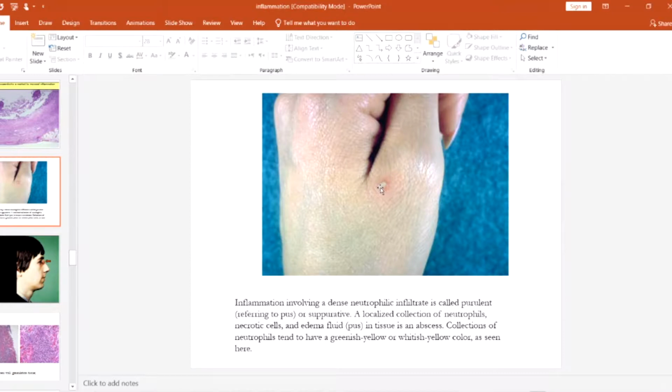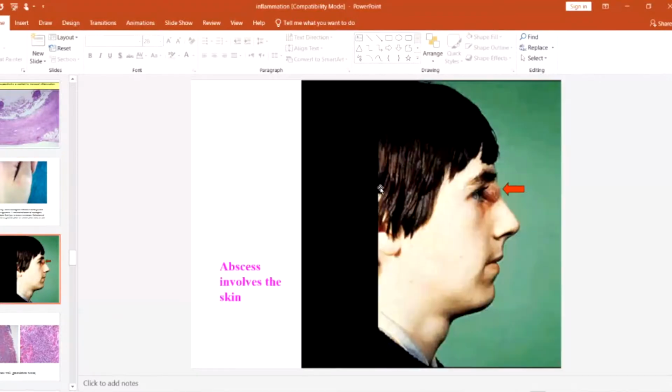It could contain viable neutrophils as well? Yes. It contain dead neutrophil and viable or live neutrophil. Okay. This is pus. When the pus fail to be treated correctly, this pus will change into abscess.